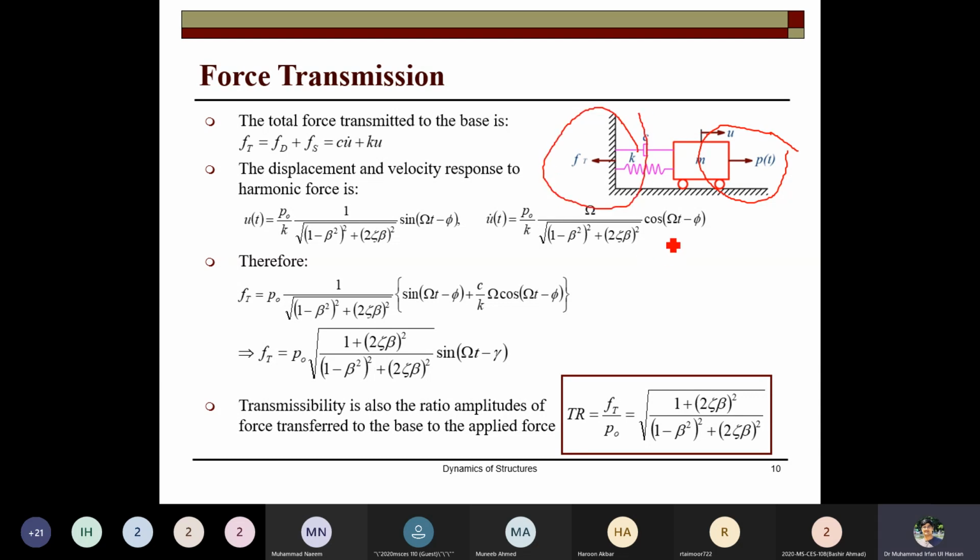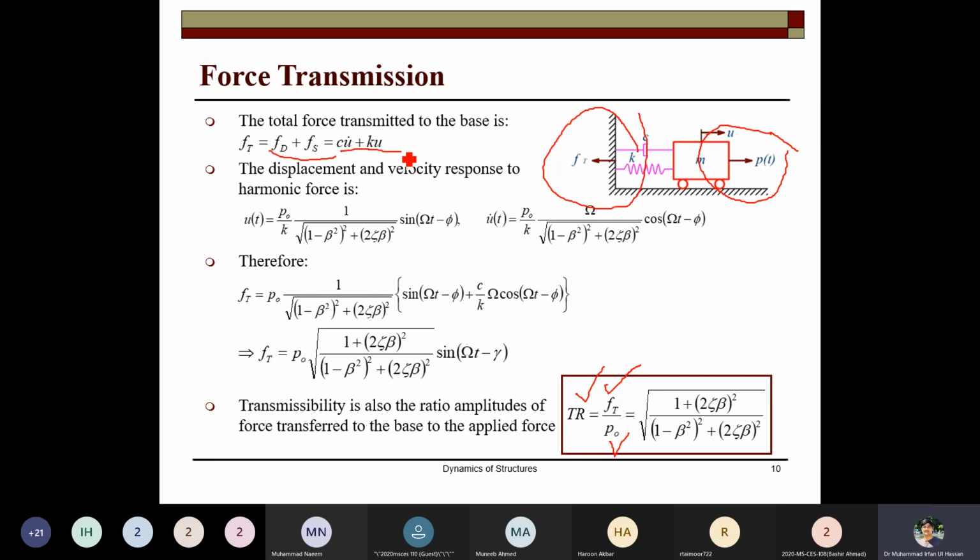So ratio of the force transferred to the support or ground to the force applied, this is called transmissibility. So how much force is transferred to the support? Basically FD plus FS. Stiffness और damping ये link होती है ना support के साथ, so stiffness plus damping, these two forces are shifted.